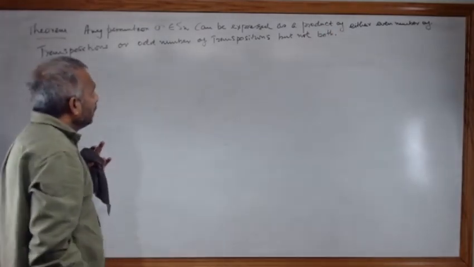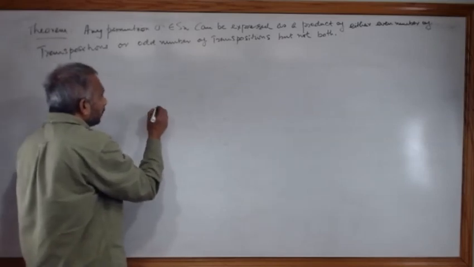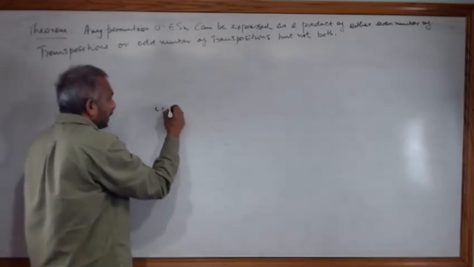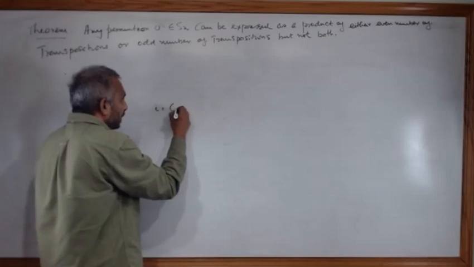What I mean to say is we know that I is expressed as a product of two transpositions like (k j)(k j).